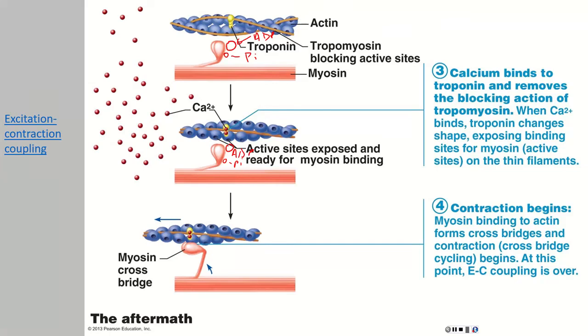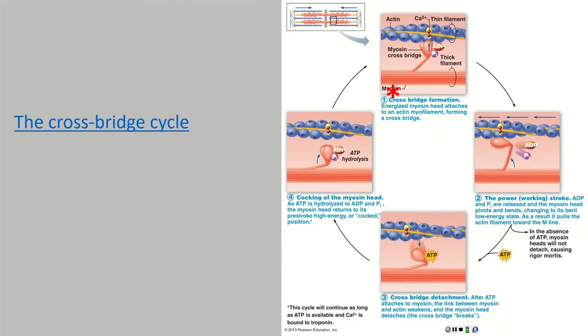But the moment that the myosin head attaches to actin, that's going to knock off the inorganic phosphate. As soon as we form a cross bridge, we're going to knock the inorganic phosphate off. And once the inorganic phosphate falls off, this bond between actin and myosin gets stronger.